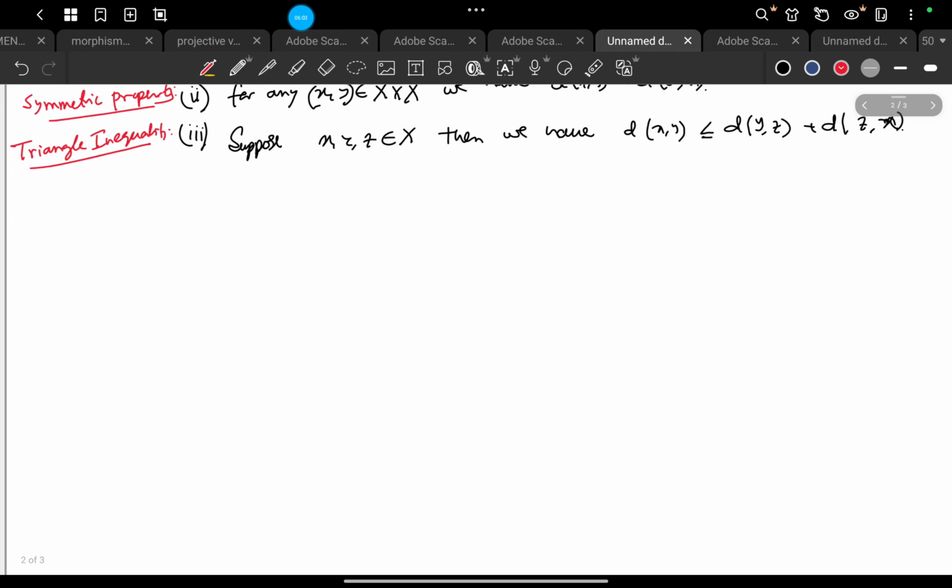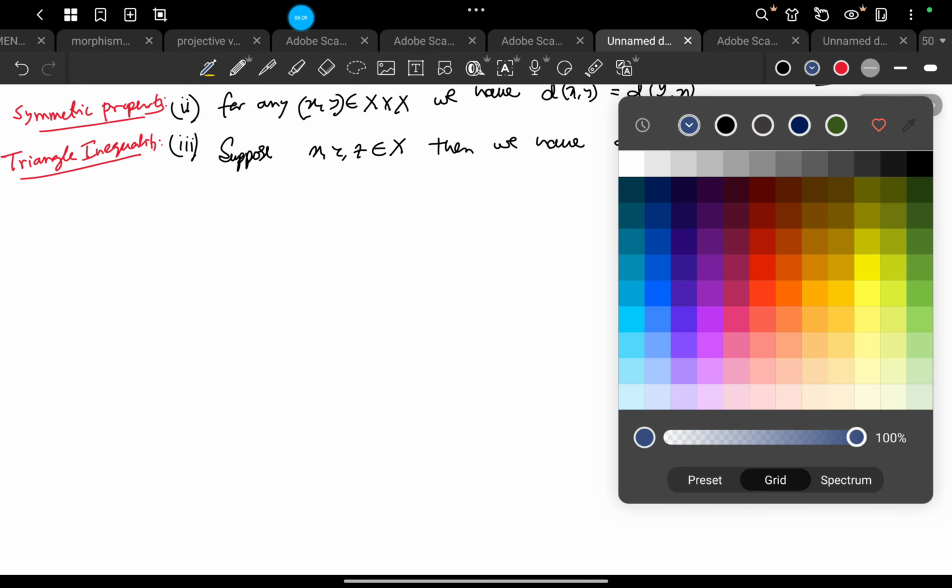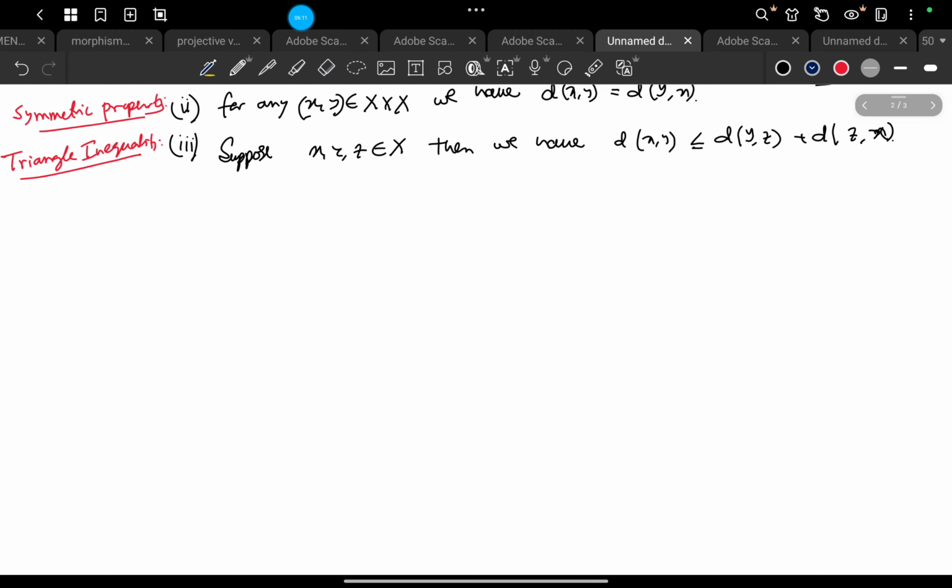So what does this last condition imply? Suppose we have here x, here is my z, and here is another point, let's say y. So this means that you have two options to traverse from x to z.